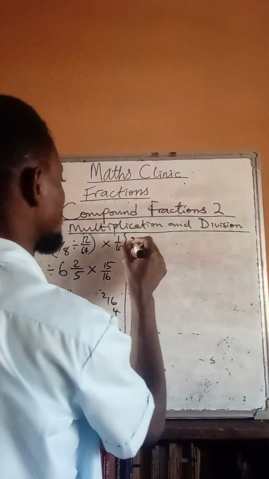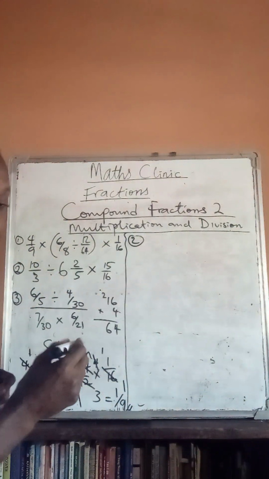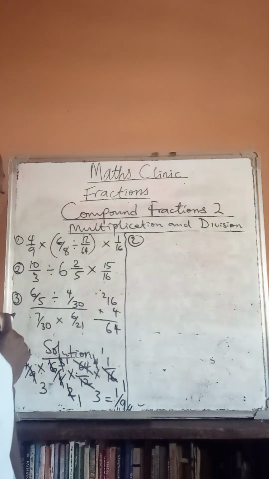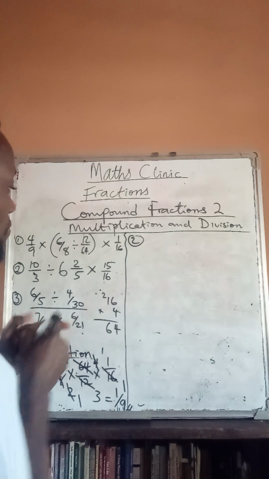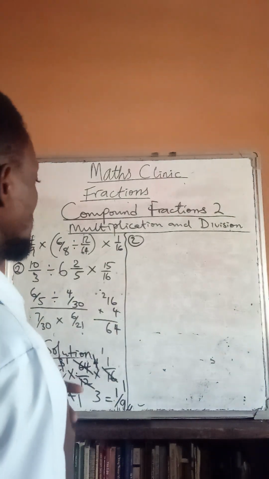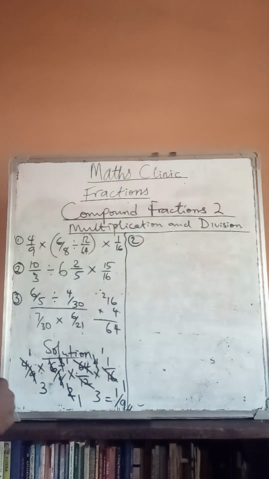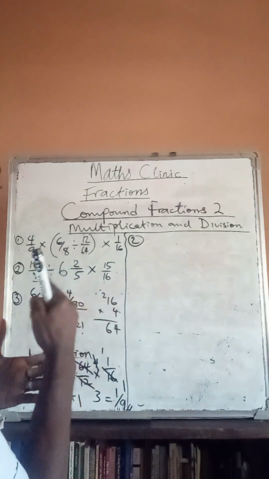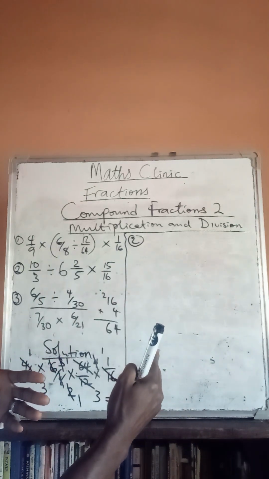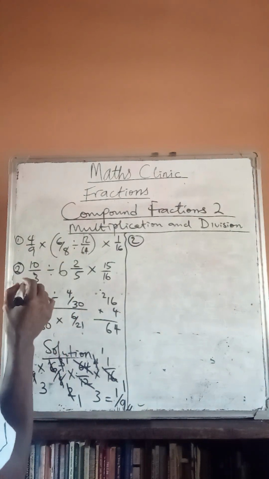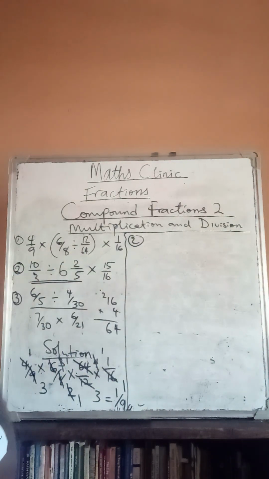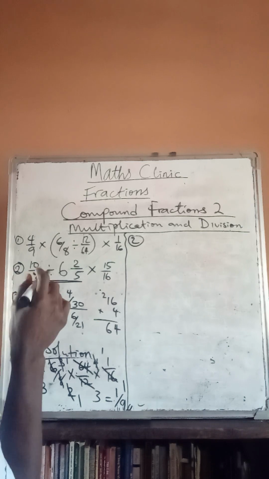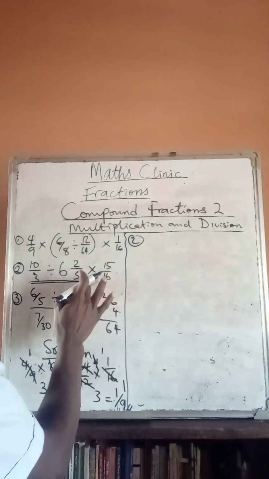Alright, now let's move to number 2 quickly. 10 all over 3 divided by 6 whole number 2 over 5 times 15 all over 16. Alright, working with BODMAS. Bracket, division. Which means this will be solved first. Division, multiplication next.